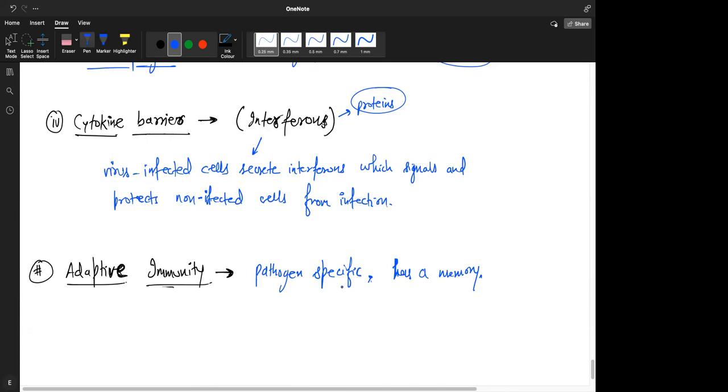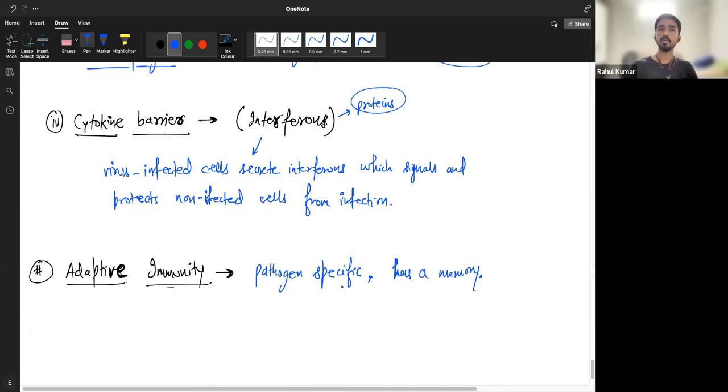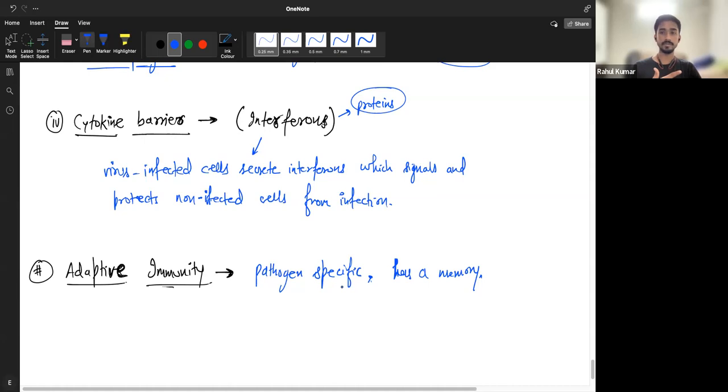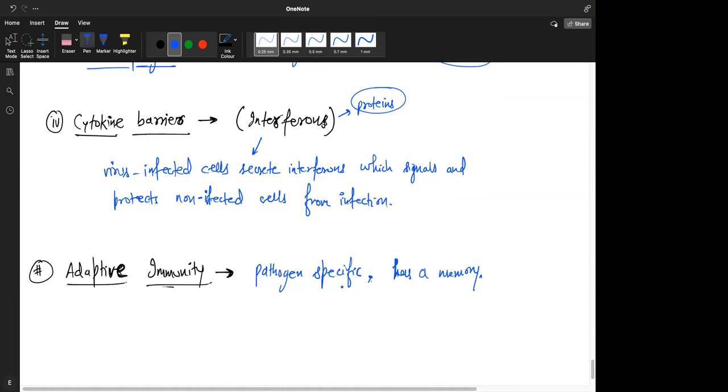So if you got infected by a new pathogen and your body took 10 days to recover, if your body has a memory, next time when you are infected, first your symptoms should be milder and your body should recover faster than before. Yes or no? Yes, sir. These are the two signs which will tell that your body remembered the pathogen. If your body is taking longer and symptoms are the same or severe, then it says that the body had no memory of that, right? Yes, sir. But it does not happen.